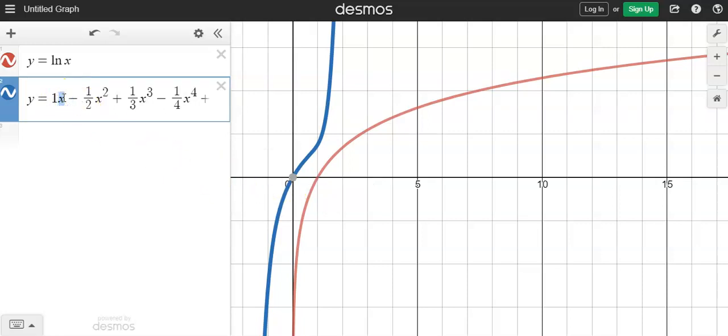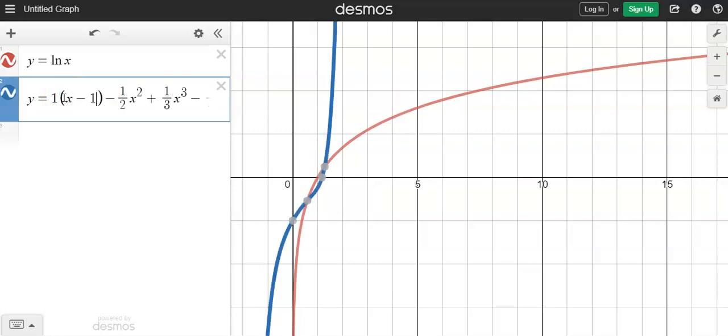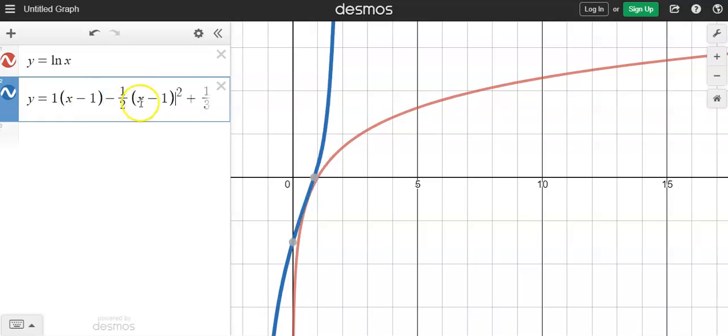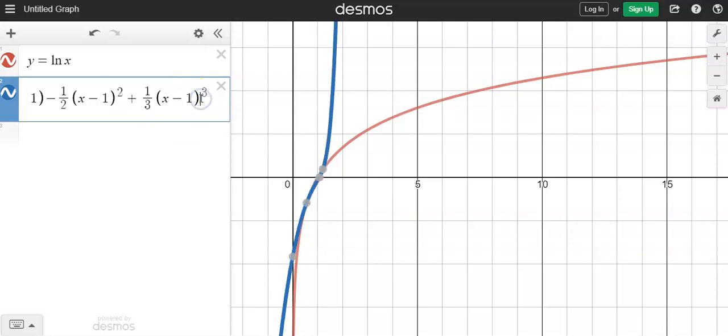Let me remind you of some algebra. If you replace the x with x minus 1, yes, x minus 1, that shifts the entire polynomial to the right. X minus 1 shifts the polynomial to the right 1 unit. It's a horizontal shift, and I'm not going to explain that at this moment. But let me replace all of those x's with x minus 1 to demonstrate that shift of 1 unit to the right.